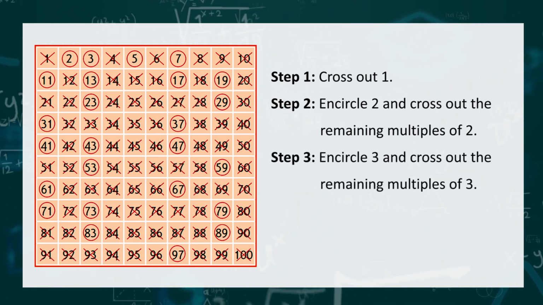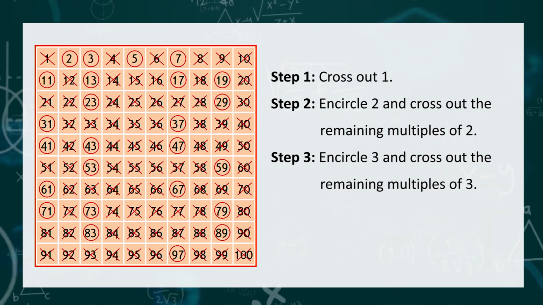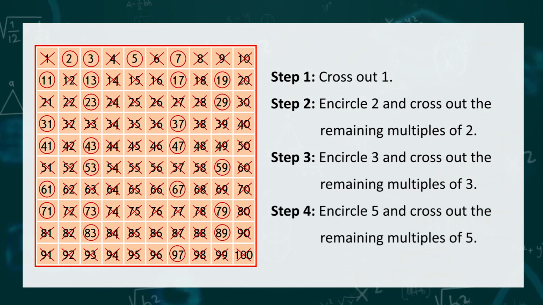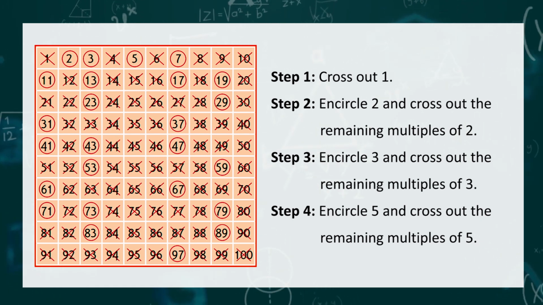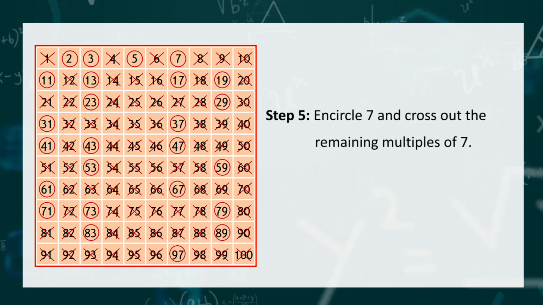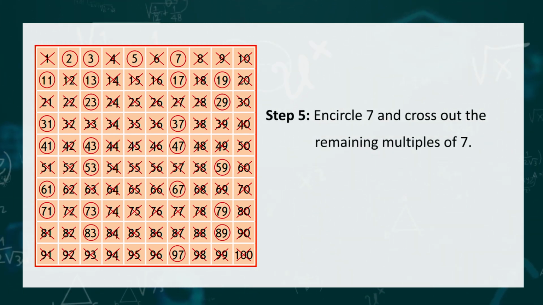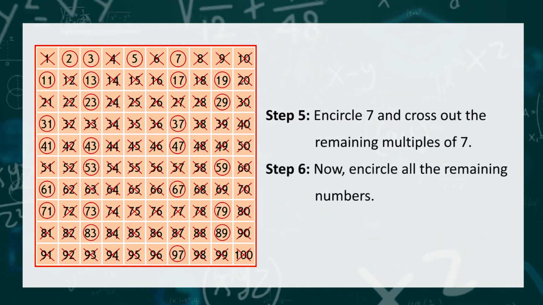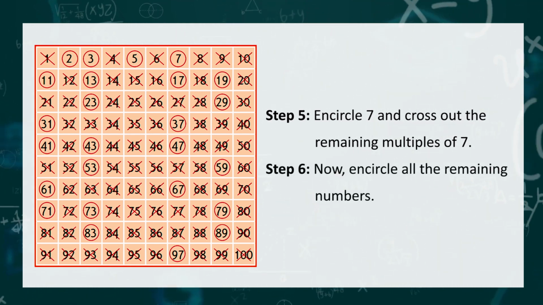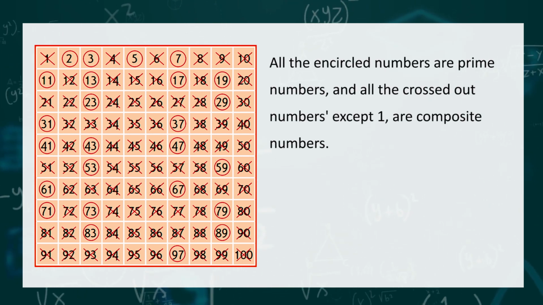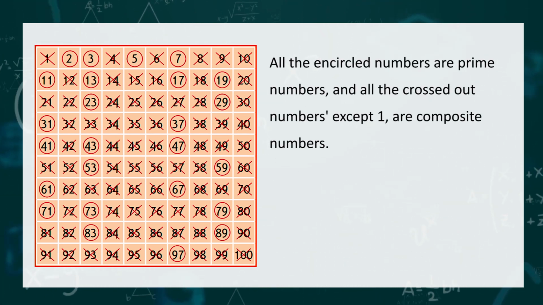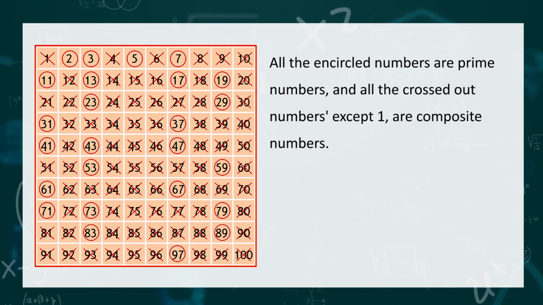Encircle 3 and cross out the remaining multiples of 3. Step 4. Encircle 5 and cross out the remaining multiples of 5. Step 5. Encircle 7 and cross out the remaining multiples of 7. Step 6. Now encircle all the remaining numbers. All the encircled numbers are prime numbers and all the crossed out numbers except 1 are composite numbers.